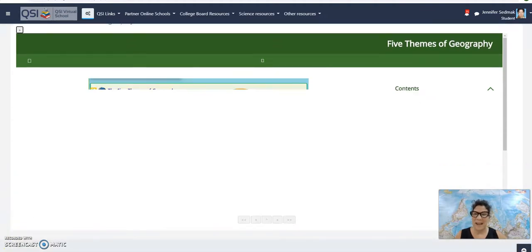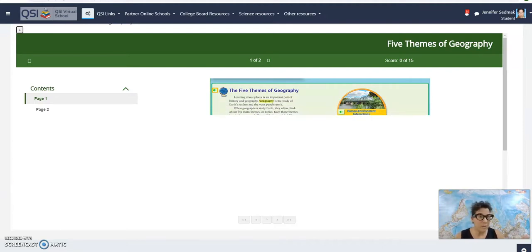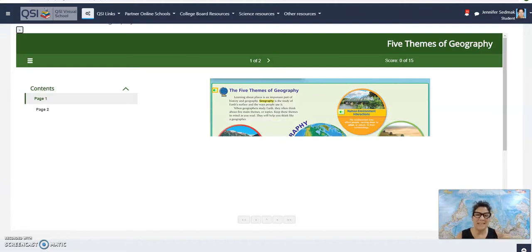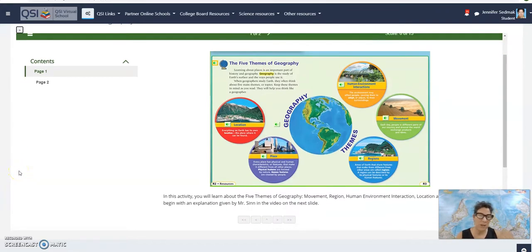Here it comes. And central to these 5 themes is location, okay? And oftentimes when we speak of location, it deals with absolute or relative location, that everybody can be pinpointed on the earth using latitude and longitude.